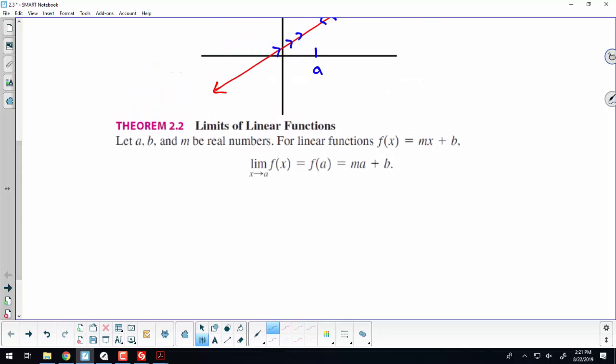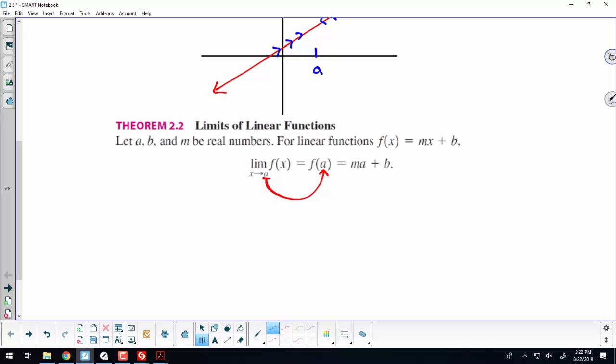So when we're able to just take this limit as x approaches a and evaluate, all we have to do is plug it into the function. We're going to refer to that as direct substitution. We're just directly plugging that a into the function.